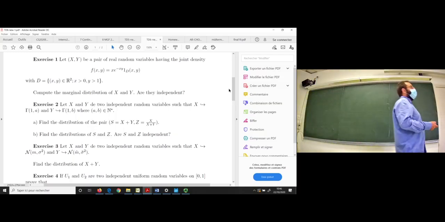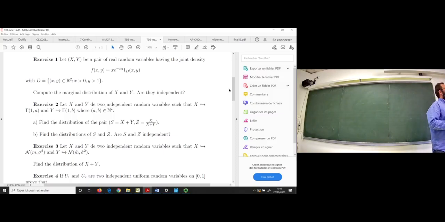And what I want you is just to compute from the joint density the density function of x. So it's what I call marginal distribution here. It's the density function of x, the density function of y, and ask me if they are independent. Okay? I do it. In fact, it's just an exercise in computing two integrals.